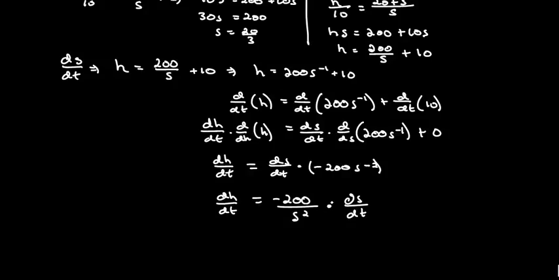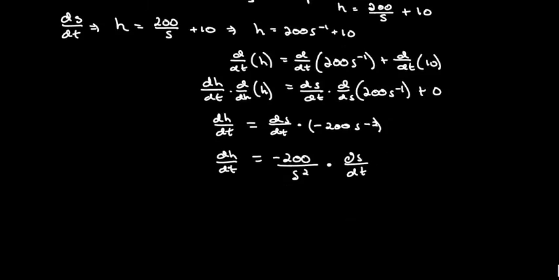Now, it's probably more logical to think about it this way, because the height is really the guy that's moving, and then the shadow is impacted by it. So it's probably a little easier in your head to think about it like this. The rate of change of height with respect to time multiplied by s squared over negative 200 is how the shadow changes with respect to time.